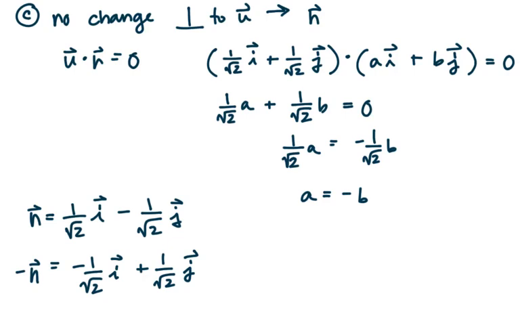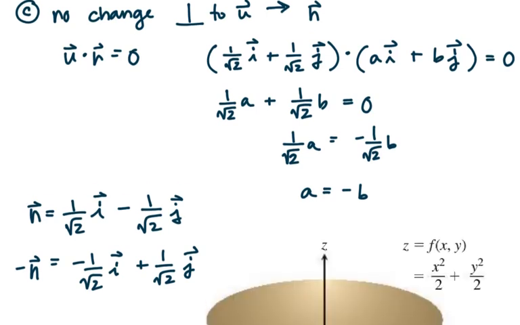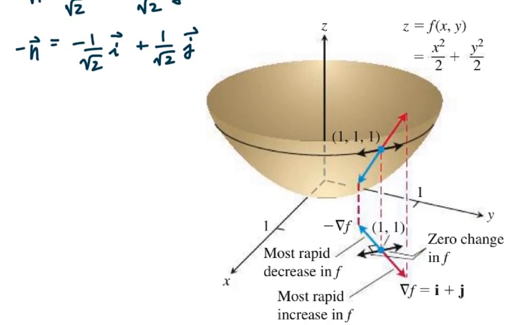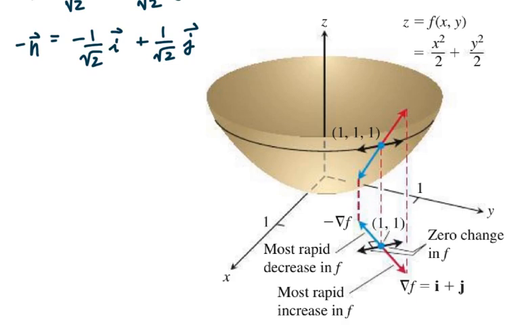So let's pull in the picture from the book, which looks a little nicer than what I've drawn, and you can see that a little bit better. Here's our circular paraboloid, and we're looking at this point on the curve. It's increasing most rapidly in the direction of this red vector.